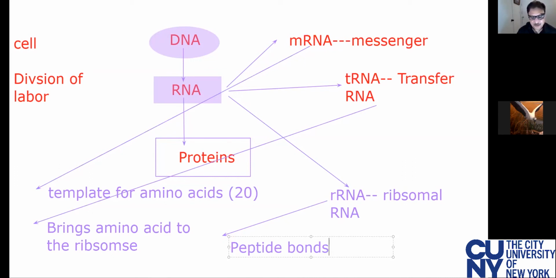That's why transcription in eukaryote cells happens in the nucleus, but RNA has to shuttle from the nucleus into the cytosol and reach the ribosome on the surface to get protein synthesis operational.